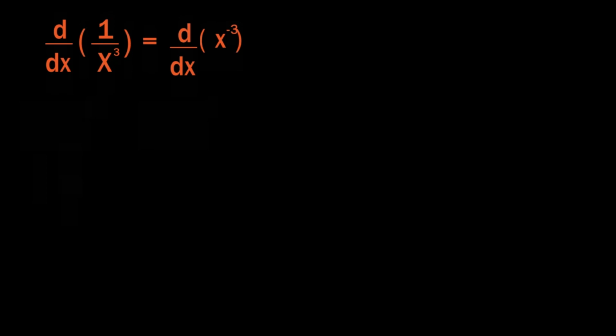So when it is in this format, then you can use the power rule easily. So negative 3 x to the power of negative 3 minus 1. So you will get negative 3 x to the power of negative 4. So you want to rewrite back, you bring back to the denominator from the numerator, you will get negative 3 over x to the power of 4. So this comes to the end of my sharing for the differentiations.